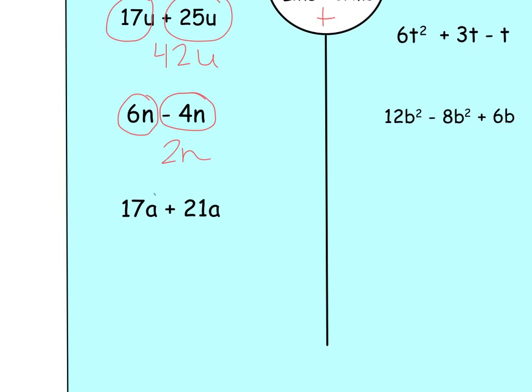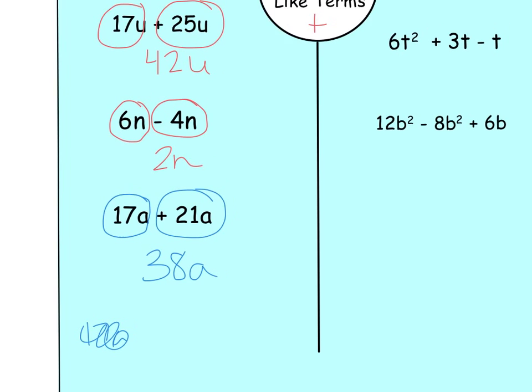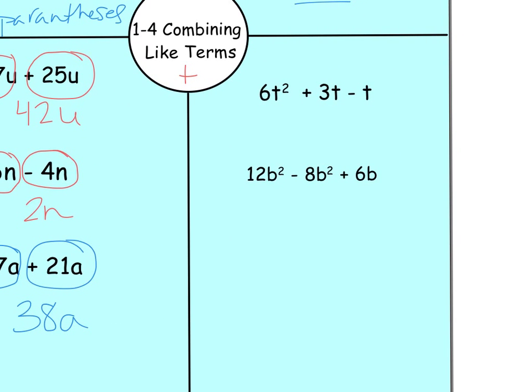Down here again, 17a plus 21a for 38 total a's. It's like you're just combining how much you have. So-and-so has 17 apples, the other person has 21, altogether they have 38. Now it's important to only combine the ones that are alike.